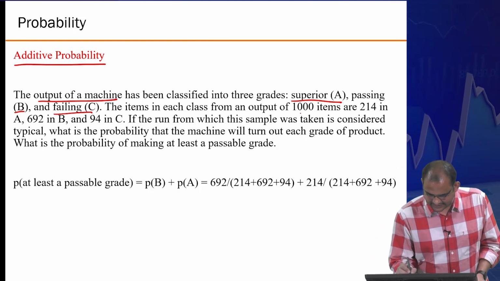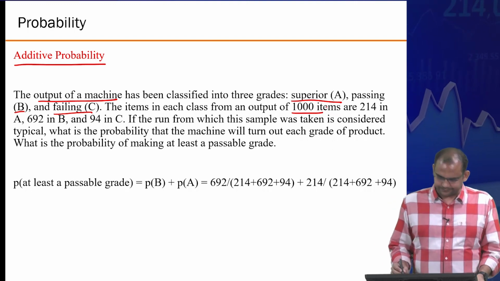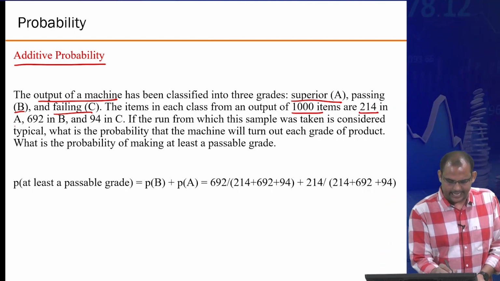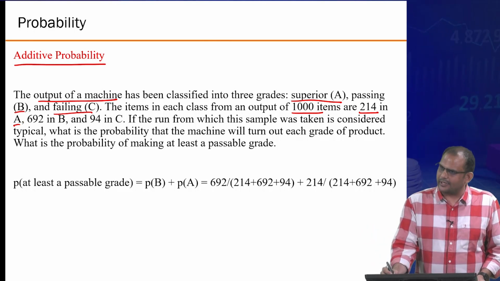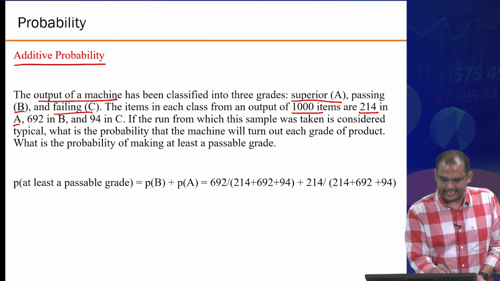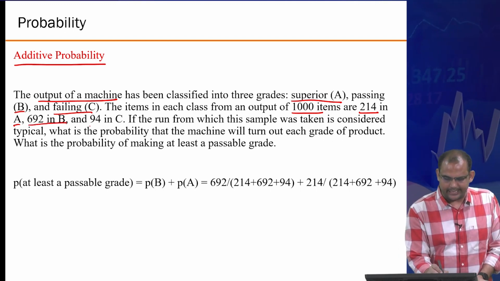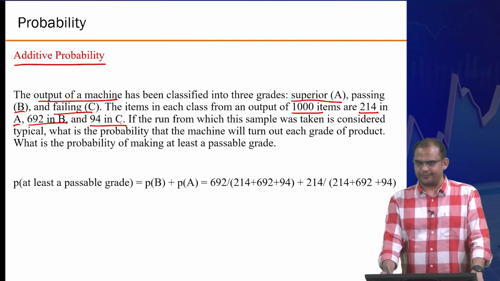The items in each class from an output of 1000 items are 214 in A. You did an experiment for 1000 samples. You got about 214 items which were of category A, 692 in category B, and 94 in category C, right?